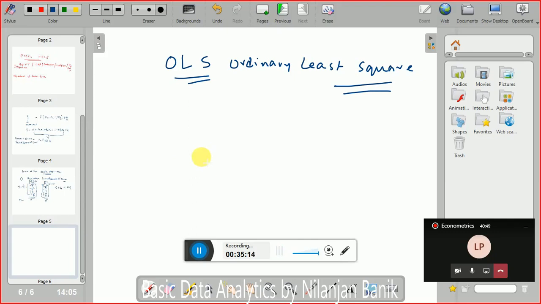So in the Excel file, let's call this sample 1, I have sales price data for 50 houses, and I'm trying to predict the sales price given my independent variable.